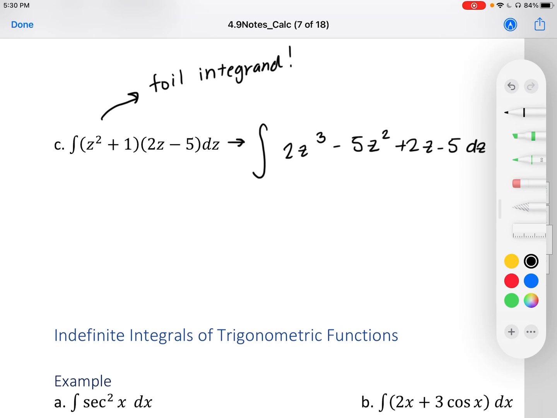Then you go ahead and take the integral. I'll let you try this one. Your answer should be 1/2 z to the 4th minus 5 over 3 z cubed plus z squared minus 5z plus c.